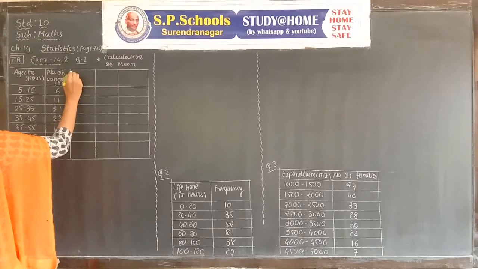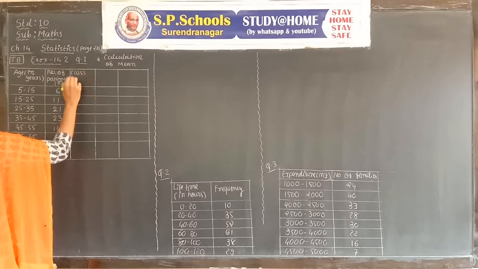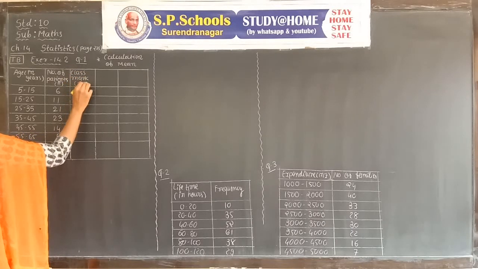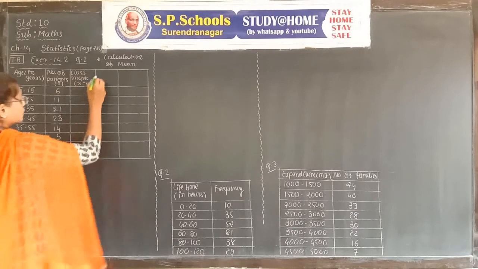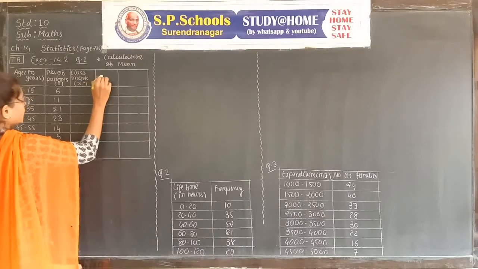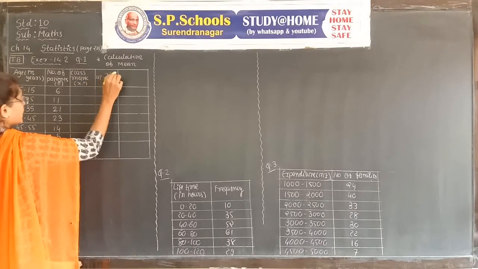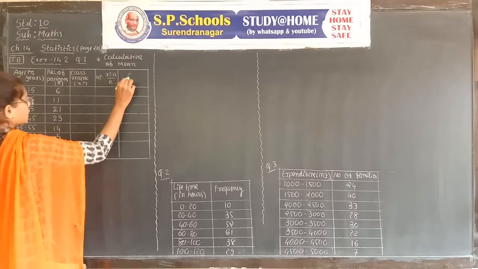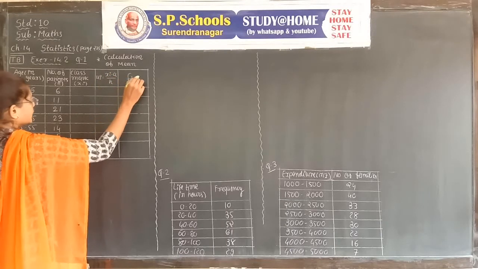Now the third column is for class mark Xi. Using the step deviation method, the fourth column is for Ui equals Xi minus A upon h, and the last is for Fi into Ui.